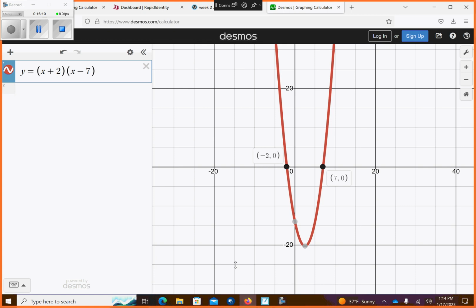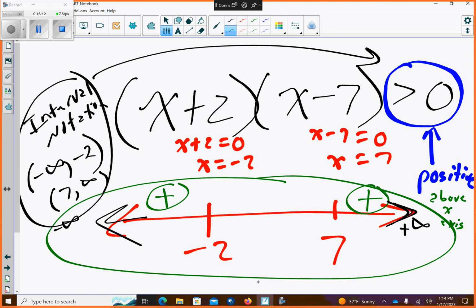So let's go back to my original, and let's just change the problem to this. X plus 2, x minus 7. Where is it less than 0? This means it's negative. And if you look at our graph, the interval notation goes from negative 2 to 7.